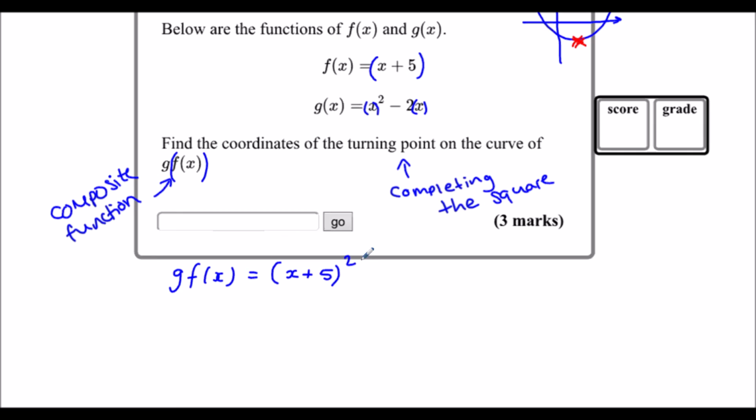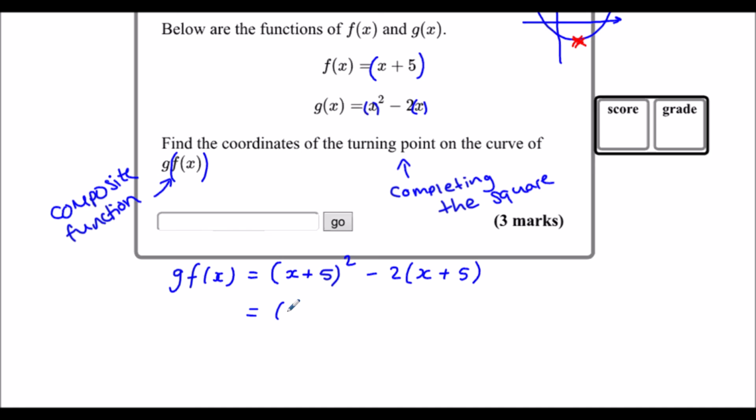So x plus 5 squared minus 2, and I'm going to change the second x to x plus 5 as well. So g f x, our composite function, is x plus 5 squared minus 2 times x plus 5.